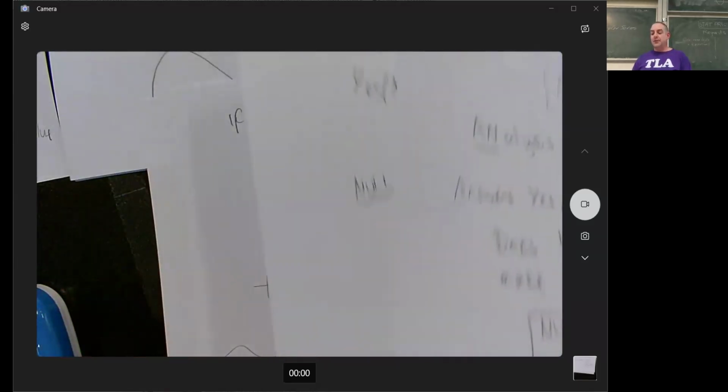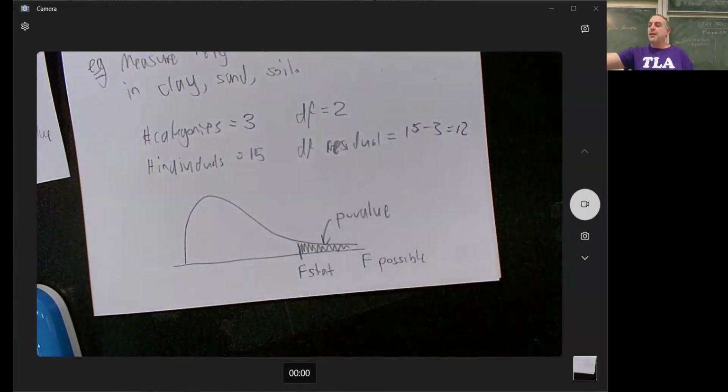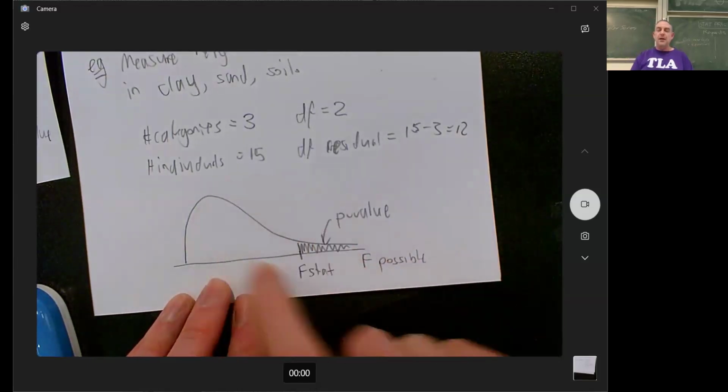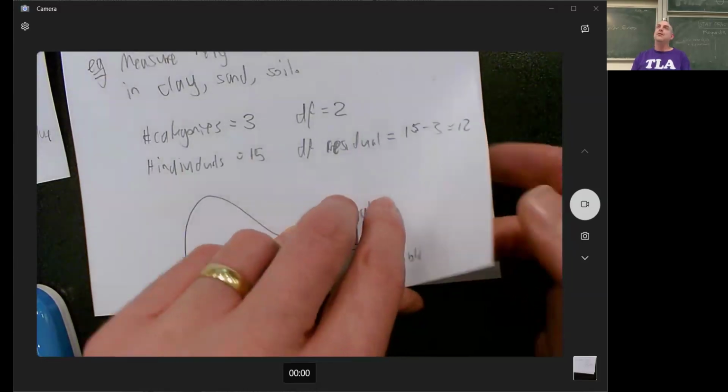Yeah. So that conclusion is the same for every hypothesis test. Got a low p-value, you reject the null hypothesis and conclude that there is a relationship after all. And the name of this distribution is the F distribution, because we're not very creative.